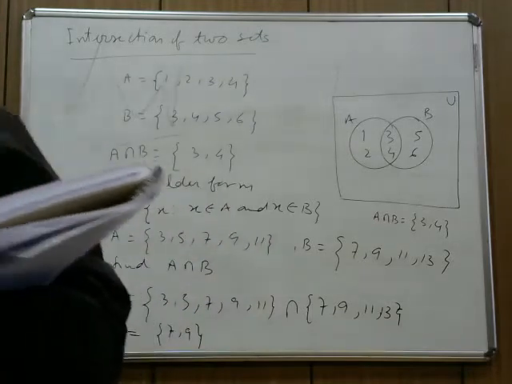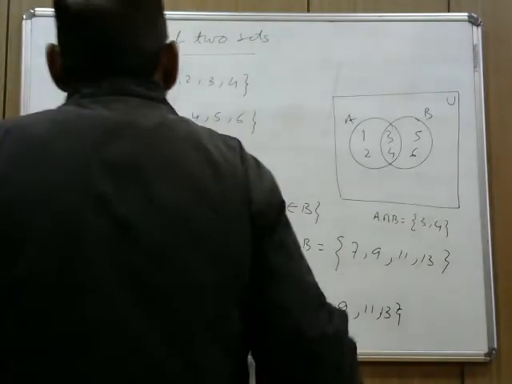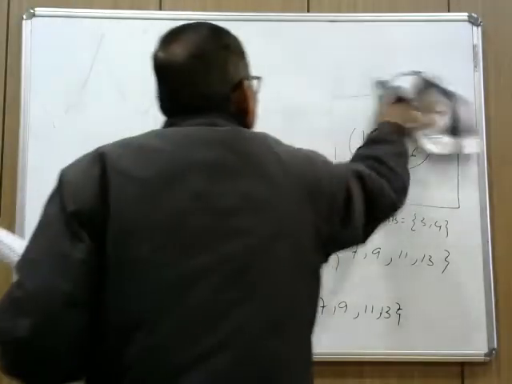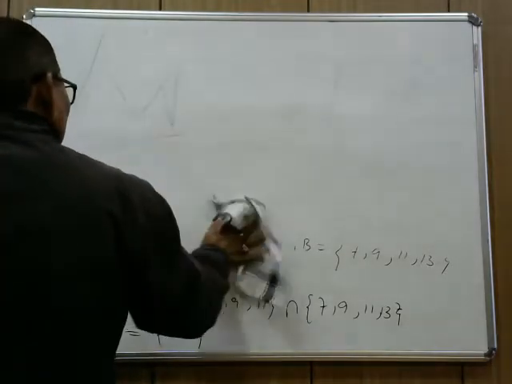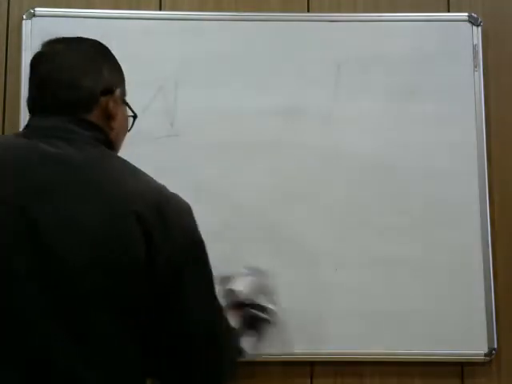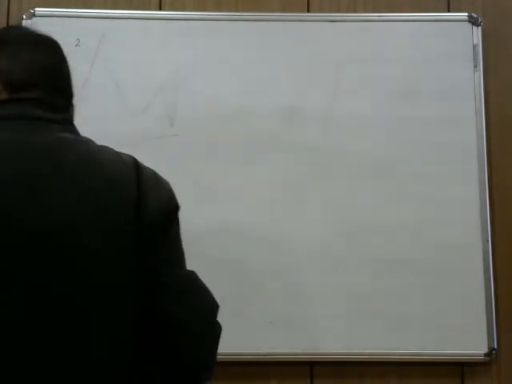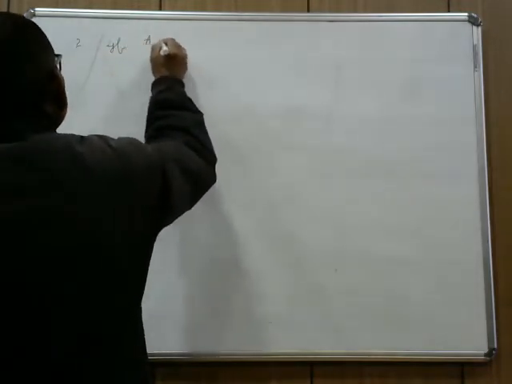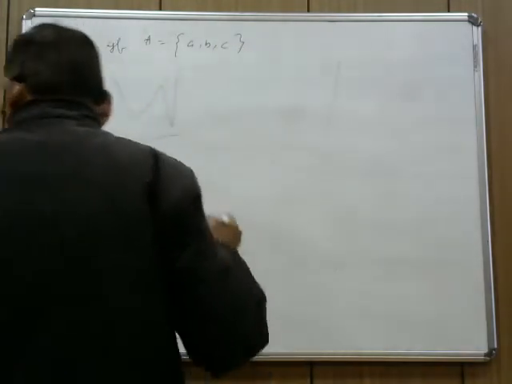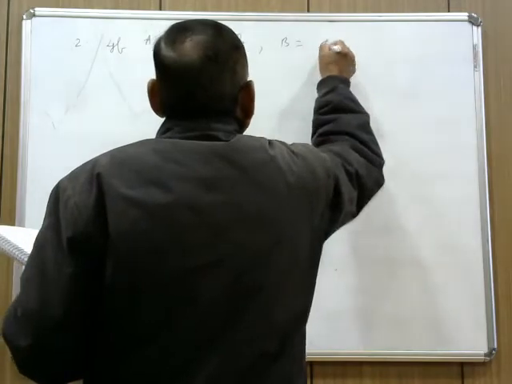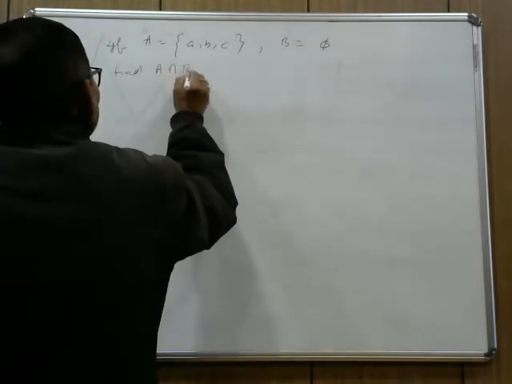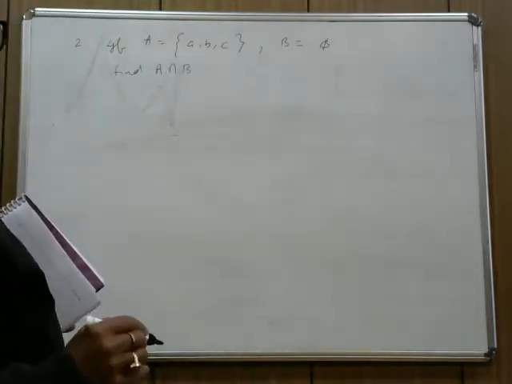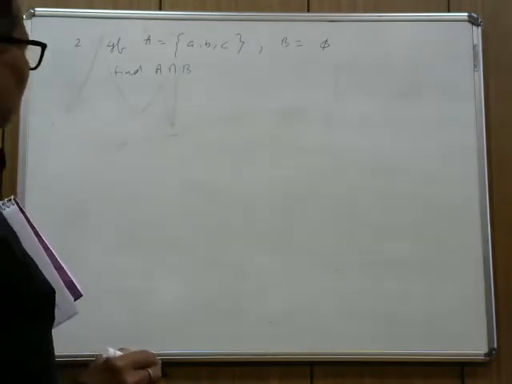Another question. Question number 2. If A equals the set a, b, c, and B has no element, then find A intersection B. In intersection of two sets, if one set is an empty set, then their intersection is also empty.